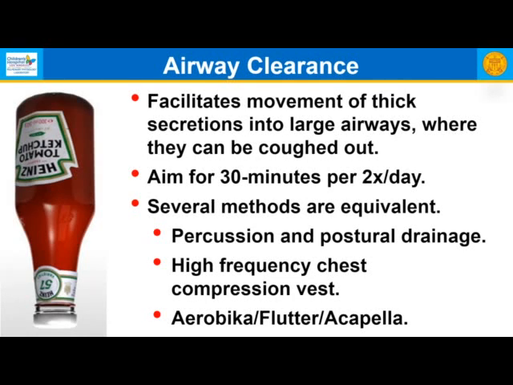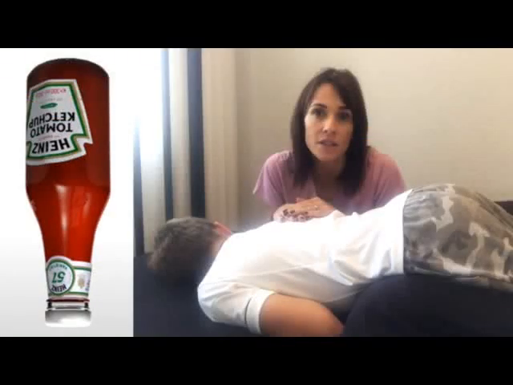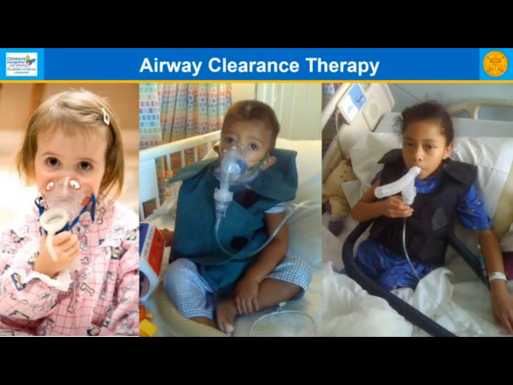Several methods are equivalent: percussion and postural drainage, the high-frequency chest compression vest, and aerobika, flutter or acapella. So we literally used to turn patients somewhat upside down and pound on them as shown here. We now have other modalities of airway clearance, particularly the high-frequency chest compression vest, which is the most common or most popular method of airway clearance in the United States.